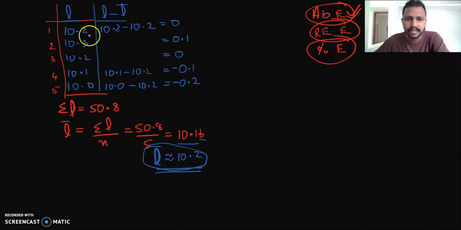Absolute error is the difference between the measured value and the mean value, or the difference between the measured value and the true value. We have said that the mean value is assumed as the true value. What's the absolute error of the fourth value? It is minus 0.1. Okay. Therefore, this is how we find out the absolute error of each measurement.